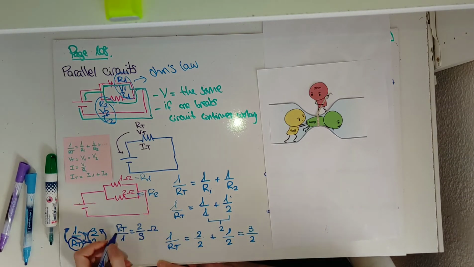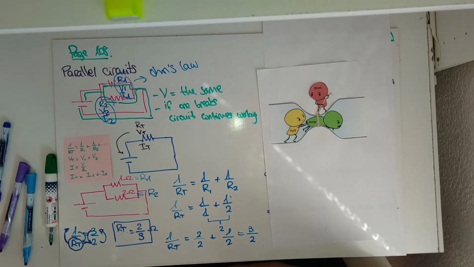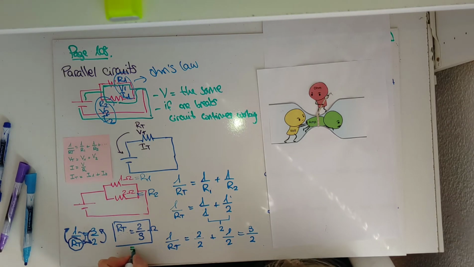The total resistance divided by 1 is the total resistance. So the resistance is 2 divided by 3, 0.6.